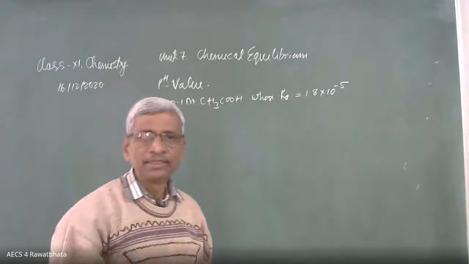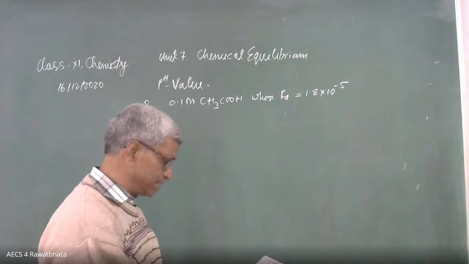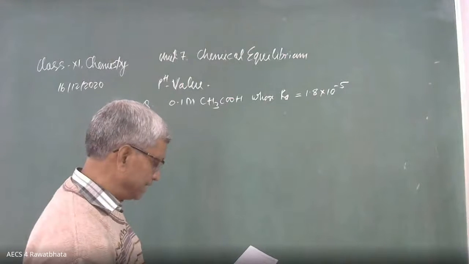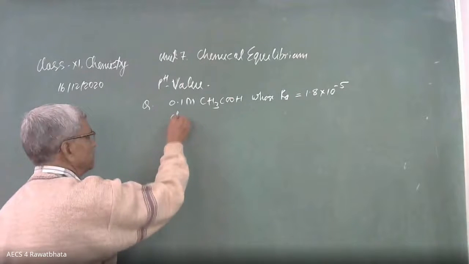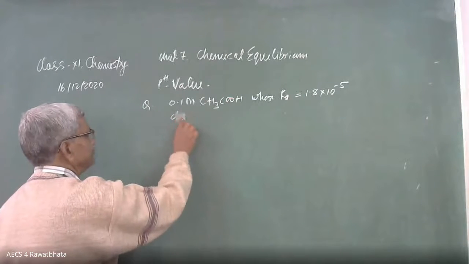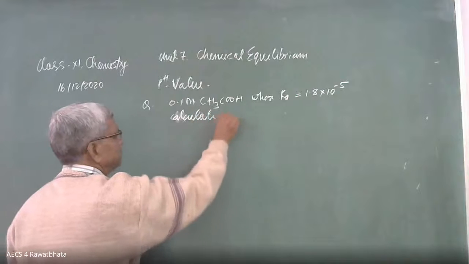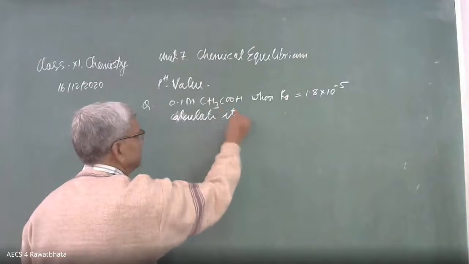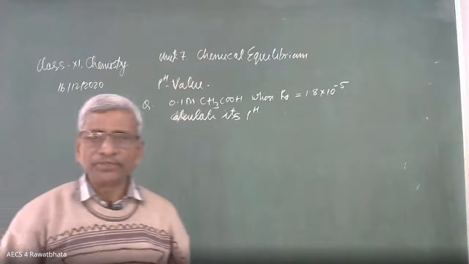Equilibrium constant is the ratio of activity. That's why no unit. Calculate the pH of the solution. Okay. It is a weak acid.